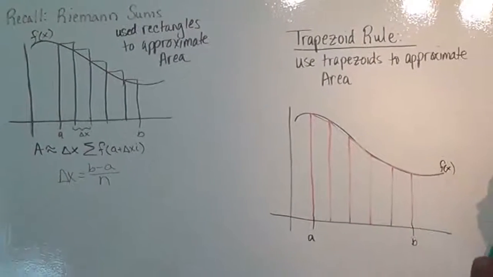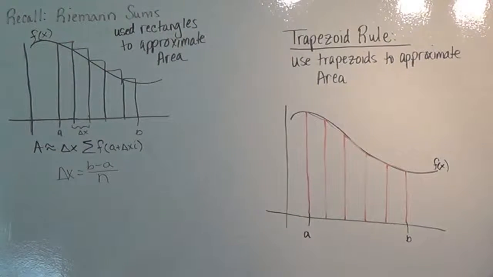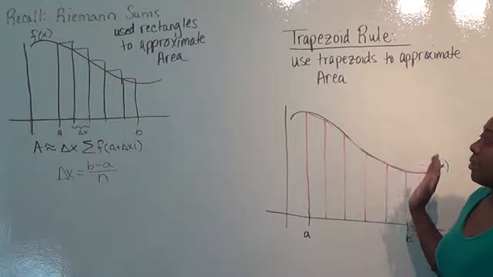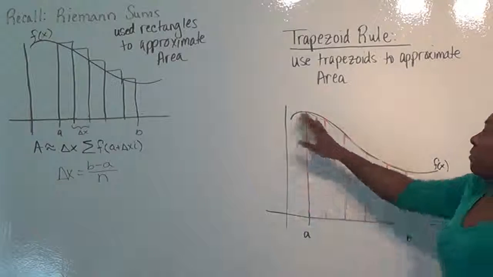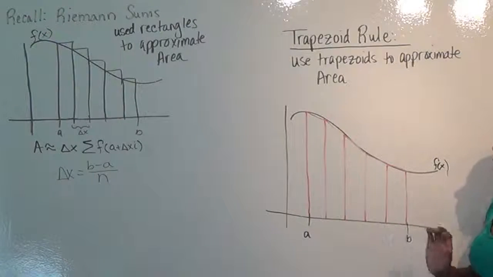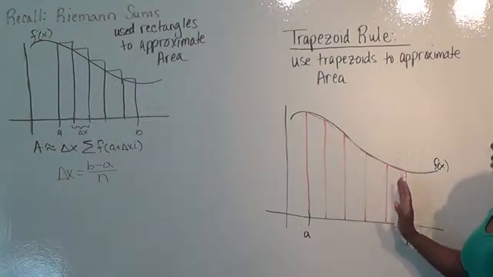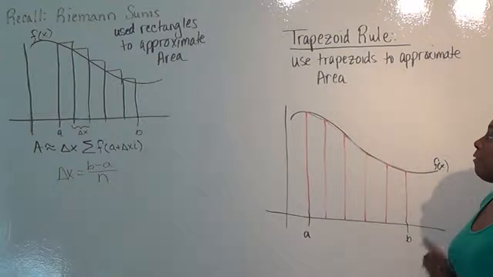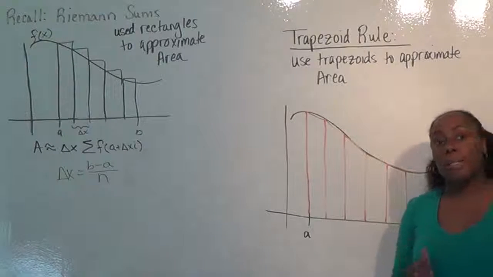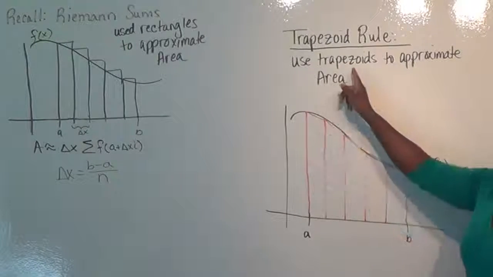Okay? So the first of the two methods that we're going to discuss is the trapezoid rule. The setup is pretty much the same. I've got some function over an interval from a to b, and I'm going to subdivide it into smaller intervals. The difference now is, instead of using rectangles, we're going to use trapezoids.